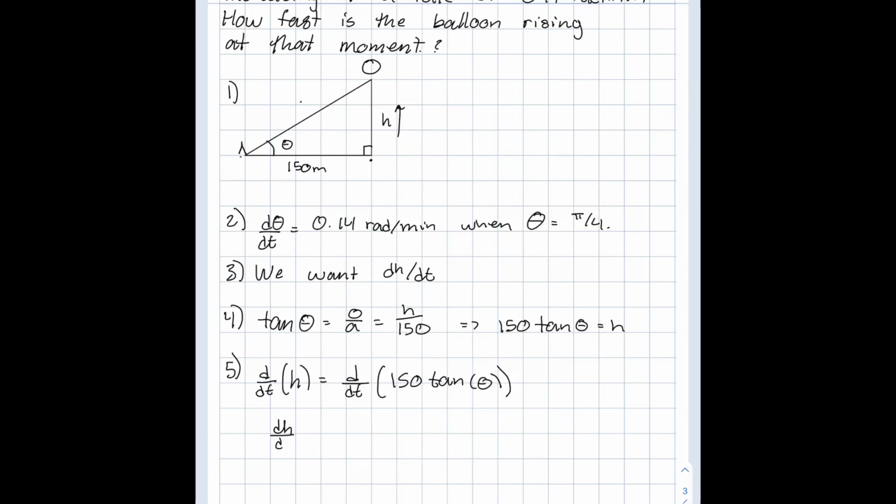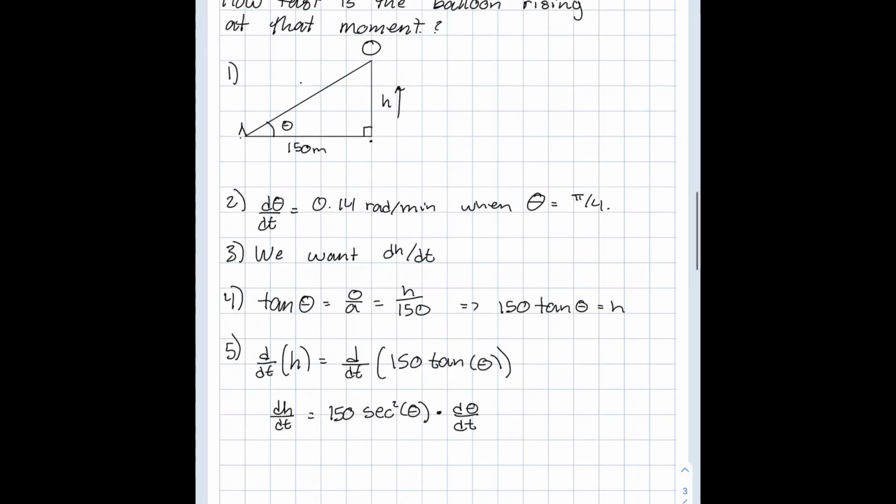So I'm going to have dh dt equal to 150. Tangent's derivative is secant squared theta. Theta's our inside function, so we took the derivative of the outside function, tangent, with the inside still the same, theta, times the derivative of the inside, which is d theta dt.